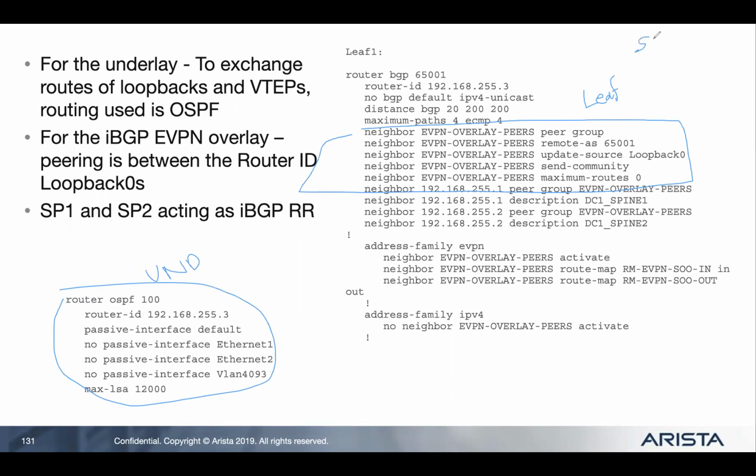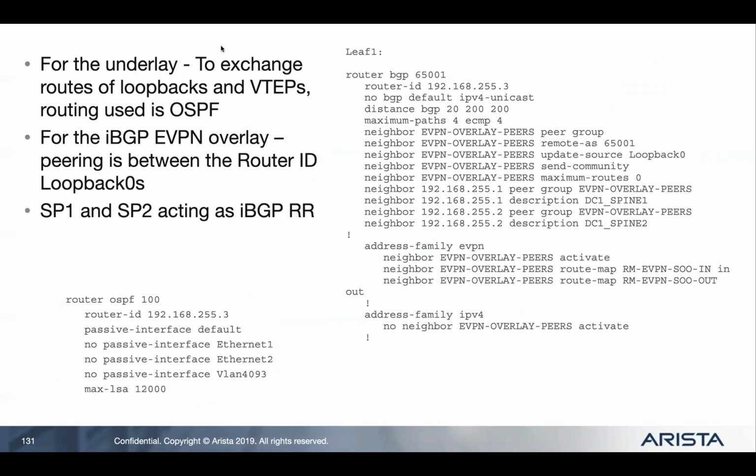Just on the spine, you have to mention that all spine-leaf neighborship is RR client, route reflector client. Otherwise it's a normal configuration: address family EVPN activate, and you also have to deactivate, basically not activate, the IPv4 neighborship, because we already have OSPF underlay. We don't need this on these loopbacks for BGP.